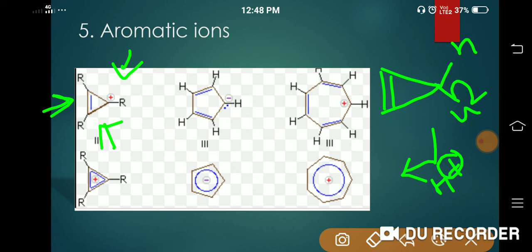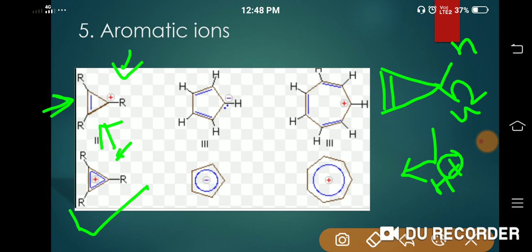Generation of the positive charge will involve complete conjugation, and that leads to planarity of the system. Hence, following Huckel's rule of aromaticity, this is an aromatic ion. Due to generation of the positive charge, the system becomes aromatic, hence it comes under aromatic ions.